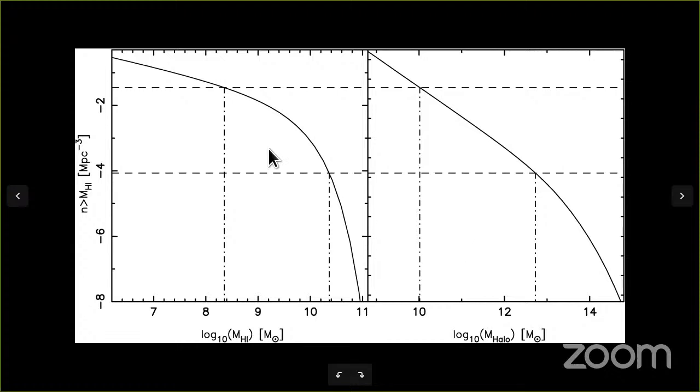So what I've plotted here is, forget the H1, think of it as a galaxy luminosity function, which is the cumulant. Anything more luminous than a certain value, I've done by integrating from a certain value to infinity, and I plot n greater than MR. So H1 you should read as MR. And I have the cumulant of the Schechter function, which looks like this.